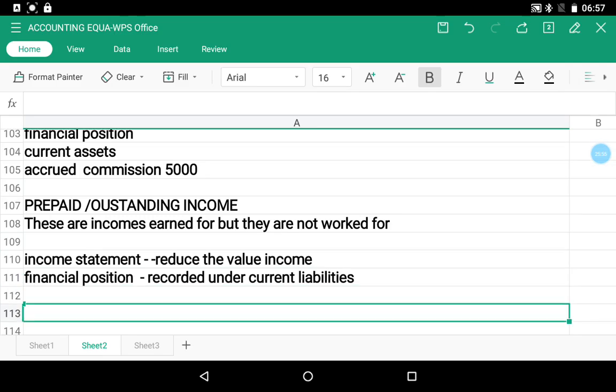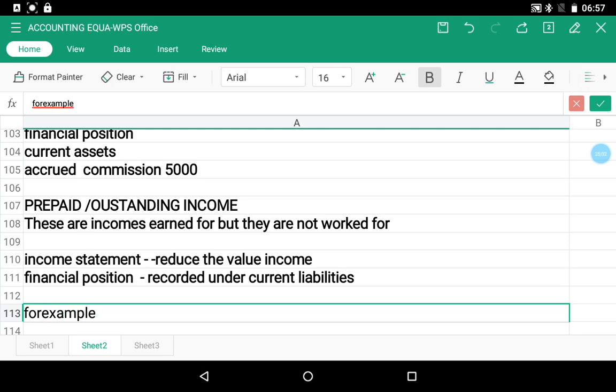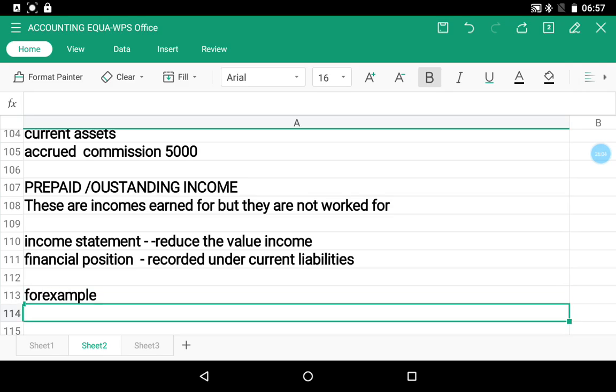Now, let us see some illustration. Say, for example, we are going to see practically how they are treated in the financial statements.